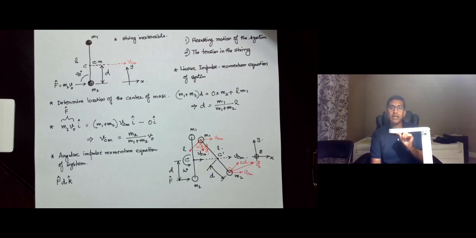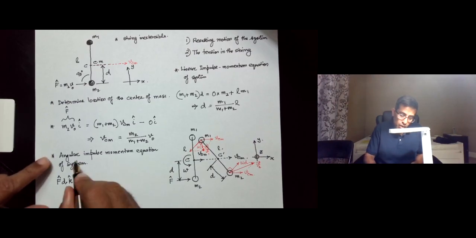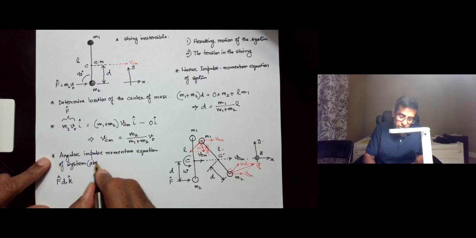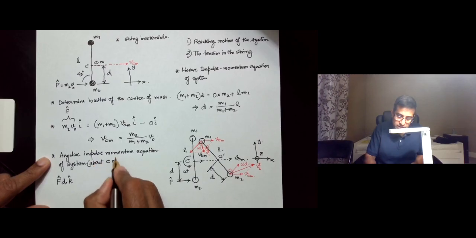One is when the point is a fixed point, or when the point is the center of mass of the system. Here we are working with the center of mass of the system because in this case we do not want to complicate the problem by adding a fixed point at an arbitrary location. So our angular impulse momentum equation of the system is being written about the center of mass.